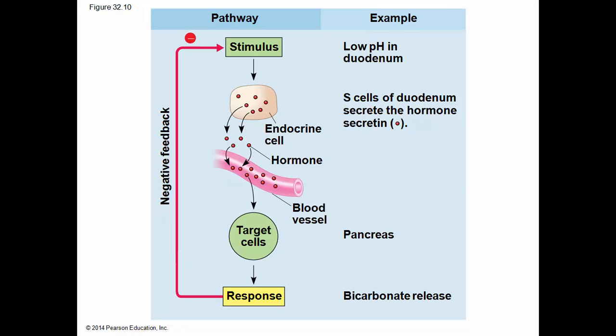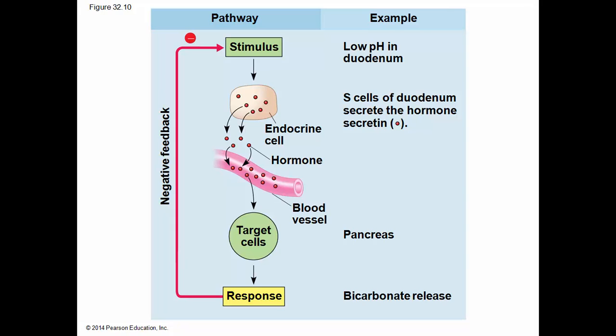So when the stomach churns out and releases the chyme, the stomach content, into the lower intestine, into the duodenum, it kicks off the stimulus, which acts on the endocrine cells in the duodenum. So these S cells will secrete the hormone secretin.